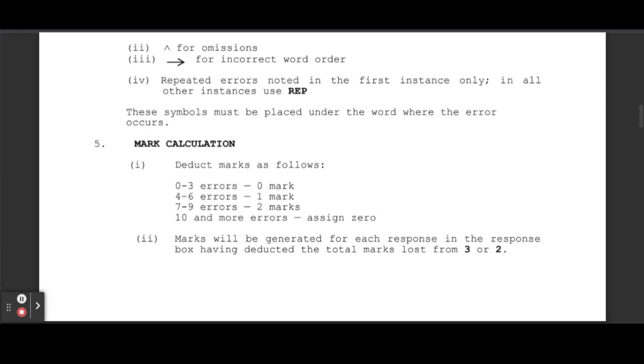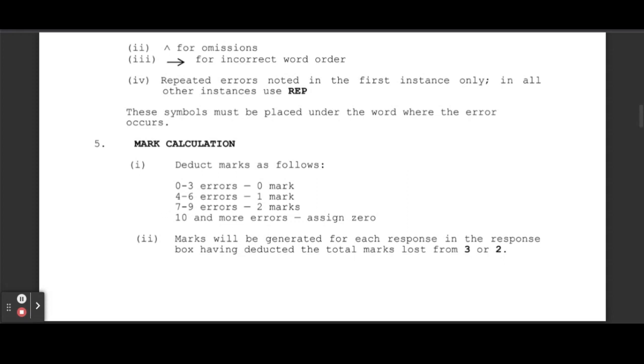So when the marks are deducted, then you'll get your actual final assessment. So if you got a 3 in terms of making sense, but in terms of errors, you had 7 to 9 errors in your sentence, good Lord, then you get 1 mark. Yeah, that's not too nice, right? Or if you got a 2 initially, but you had 4 to 6 errors, 1 mark is deducted.